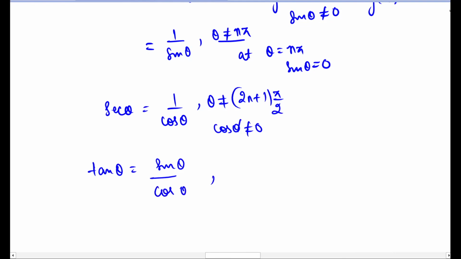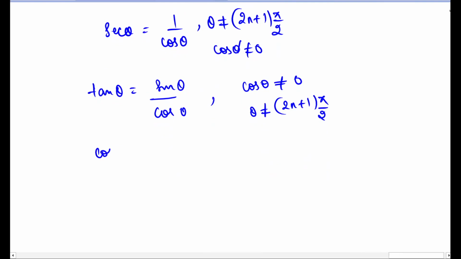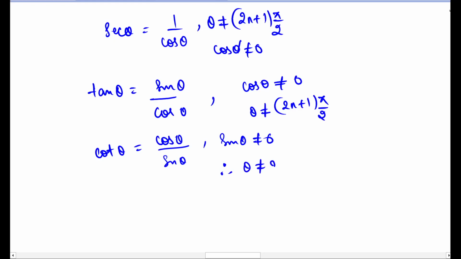Same for cos theta not equal to 0, so theta should not be equal to (2n plus 1) pi by 2. And for cot theta, which is cos theta by sine theta, sine theta is not equal to 0. Therefore, theta is not equal to n pi.